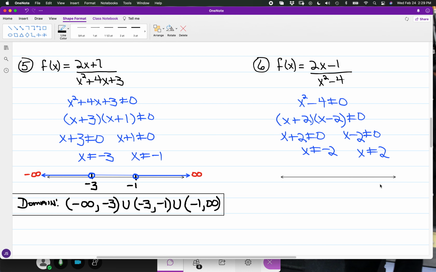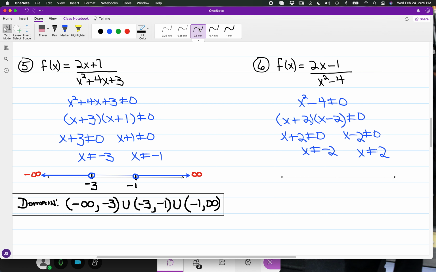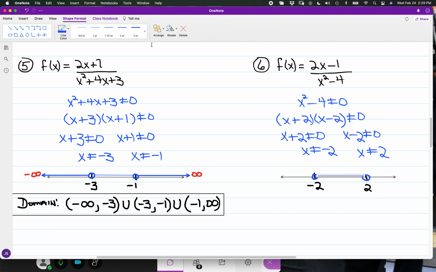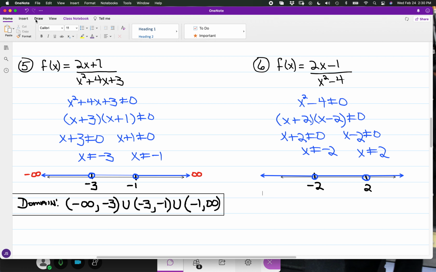So we have the exclusions at negative and positive 2, and so we have holes at those locations.